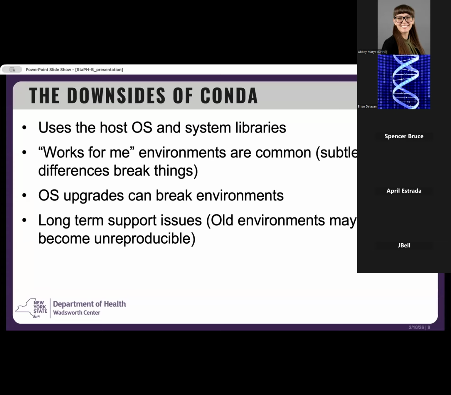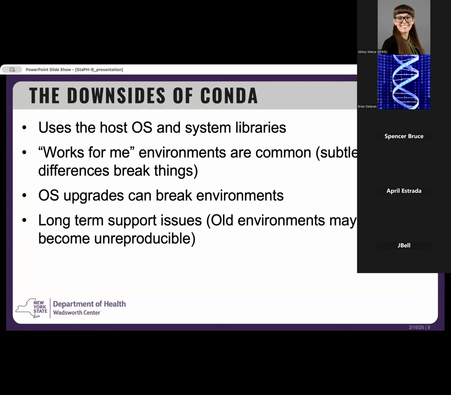And one important thing to understand about Conda is that it still relies on the underlying operating system where you have it running. So even though your Python packages and tools live in a Conda environment, they're still interacting with system libraries provided by the host OS. That means the environment is not completely self-contained.